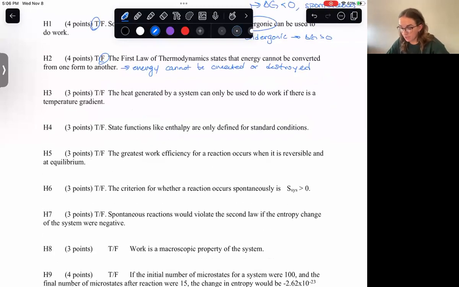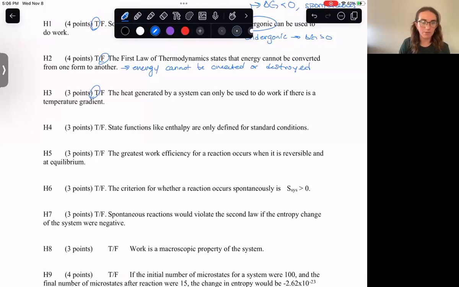Question 3: the heat generated by a system can only be used to do work if there is a temperature gradient. True or false? Yep. Question 3 is true.